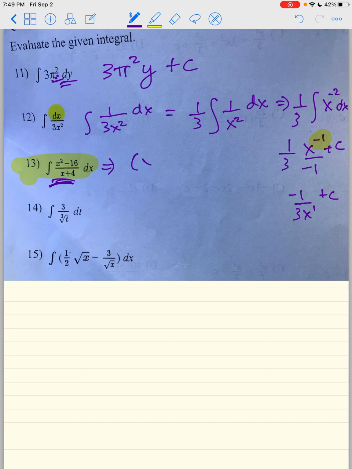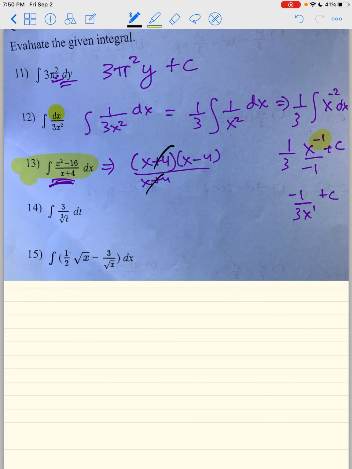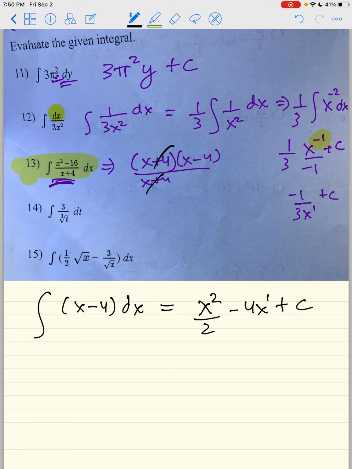Well, if you remember basic algebra, we factor: x plus 4, x minus 4 over x plus 4. So now we cross this off. And so number 13 is just basically what is the integral of x minus 4? X squared over 2 minus 4x to the first over 1 plus c. So you had to factor there.